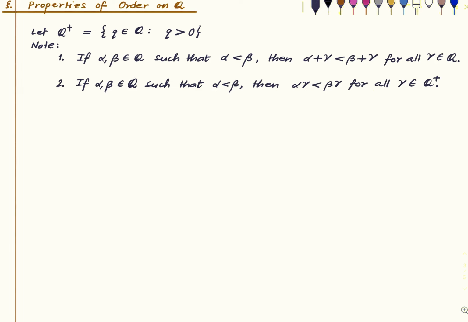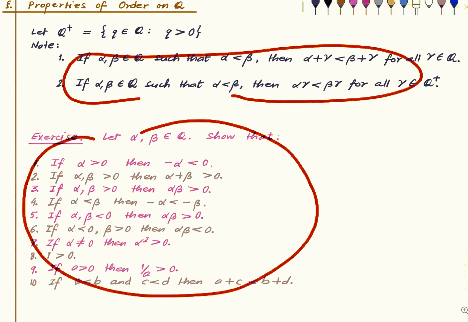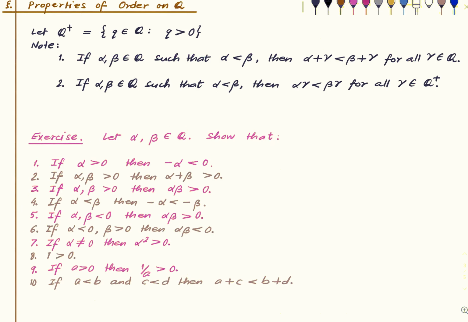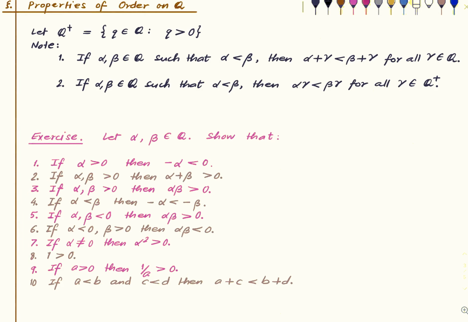Otherwise, the inequality would flip. If you're multiplying with a negative number, then the inequality flips. So these are two basic properties, and you can prove them as exercises. And now, once you have established those two, using just those two, you can establish the rest, or you can do them directly. But these are some very simple exercises about this order relation. All right, so that is one thing out of the way.